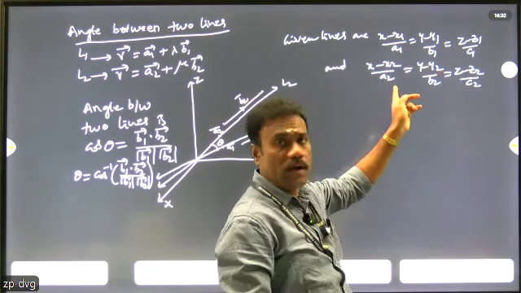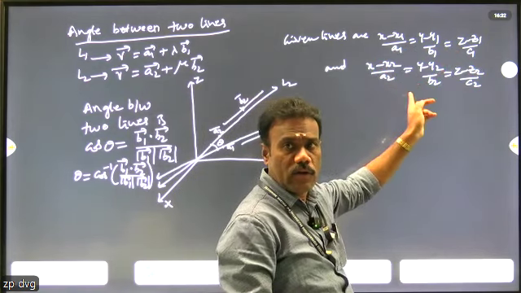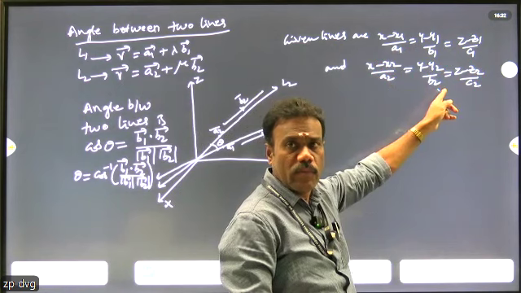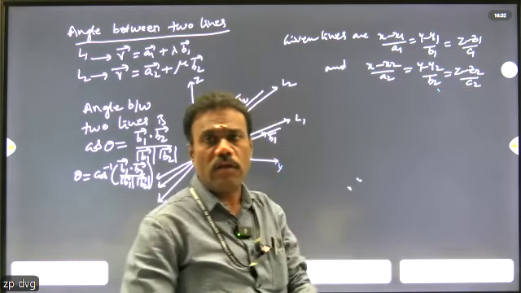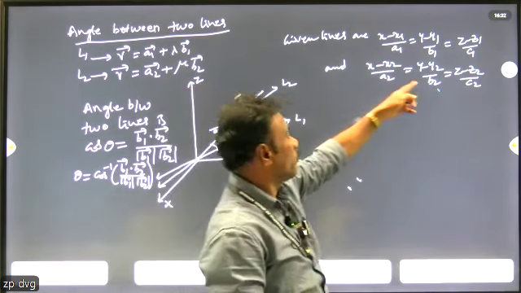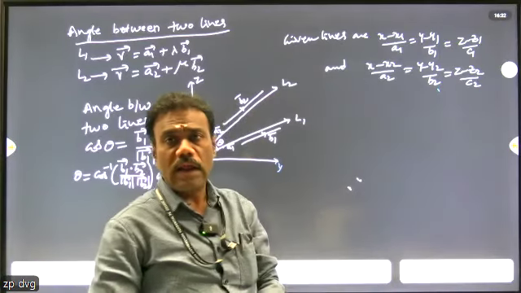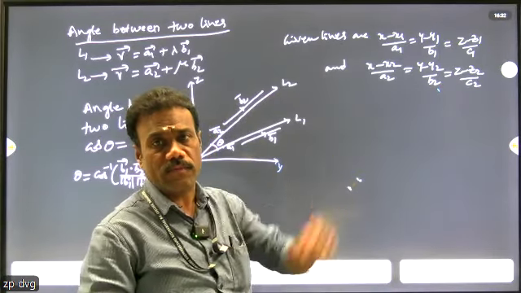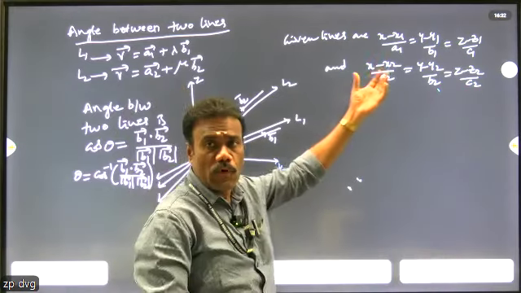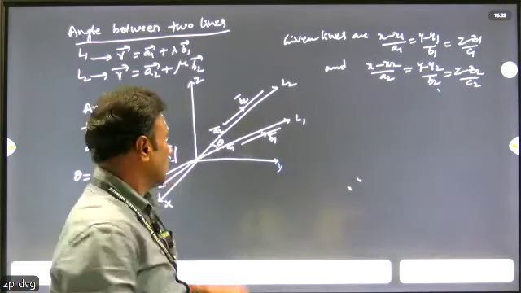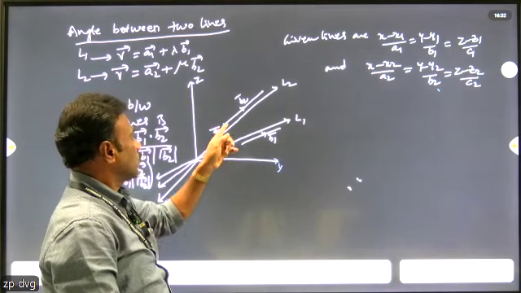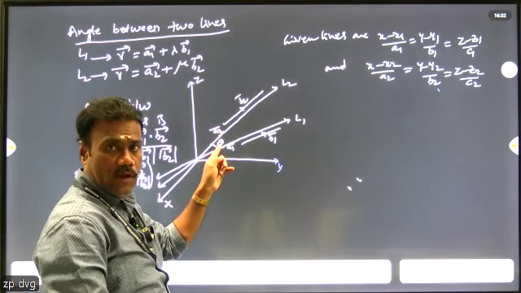In the second equation, a2, b2, c2 are called the direction ratios of the second line. So we know both lines' direction ratios, and theta is the angle between them.